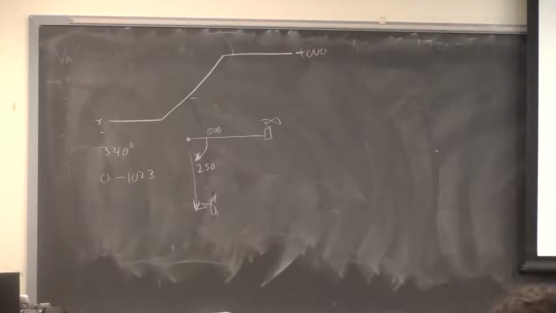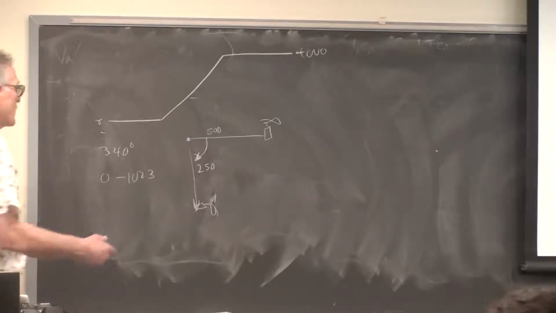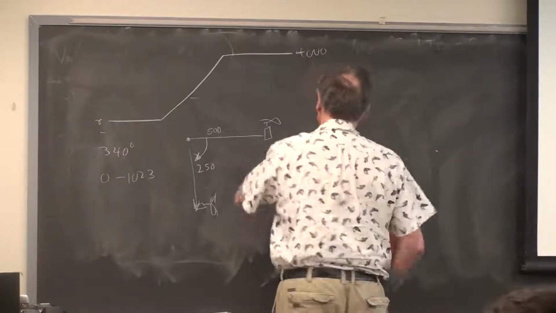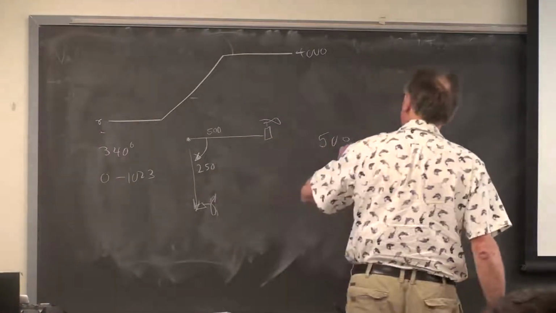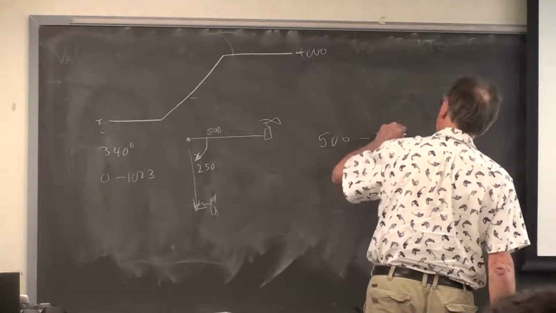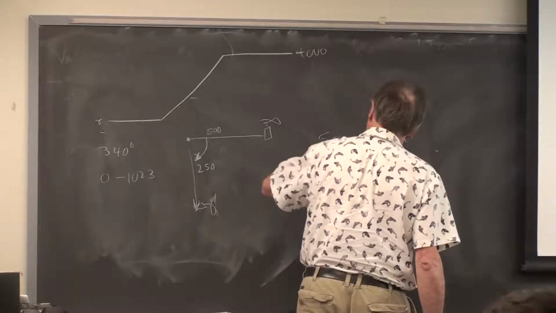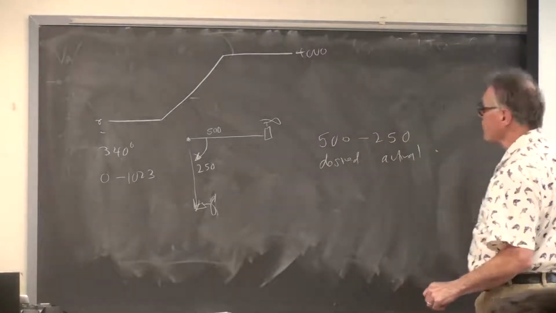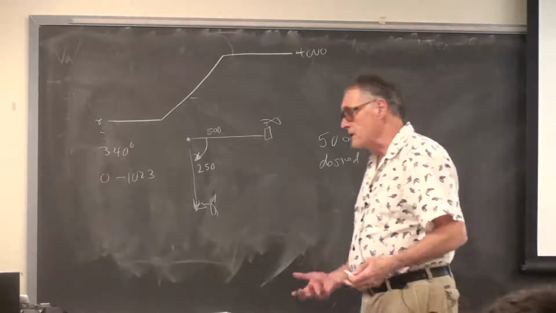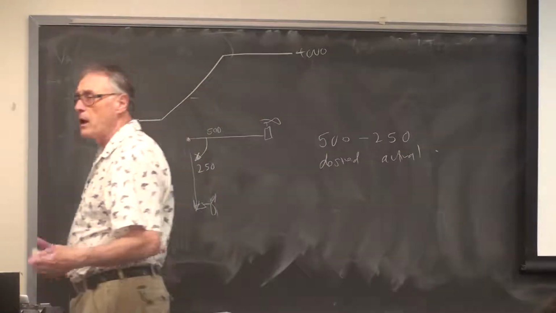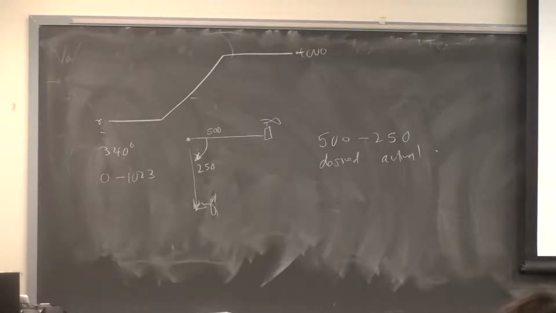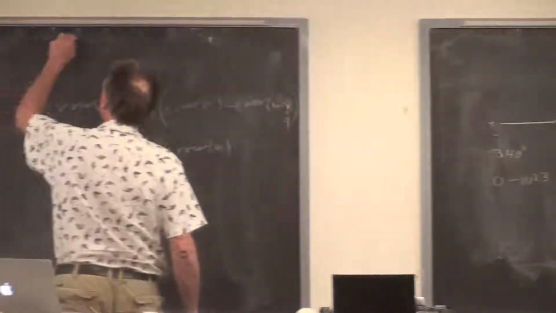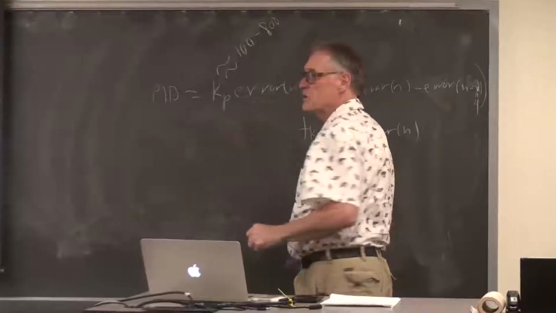If we want to turn the motor on full power and the current error is now 250, 500 is the desired angle minus the actual angle, which is where the thing is hanging. Then if we want to get 40,000, we're going to have to multiply this by a number in the hundreds. So KP is going to have to be on the order of 100 to, say, 800, something in that region.